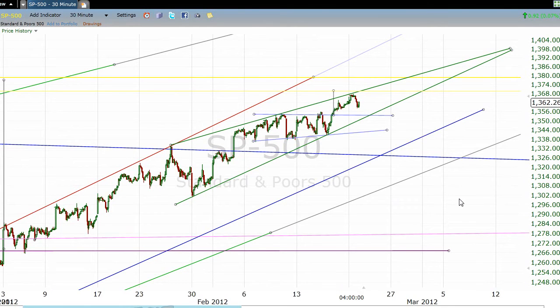But I think the market is also telling us that with this loss of volatility, it's starting to look like an ascending wedge forming for the entire month of February. And that wedge shows us there's an implied upper limit to this move of right around 1400.